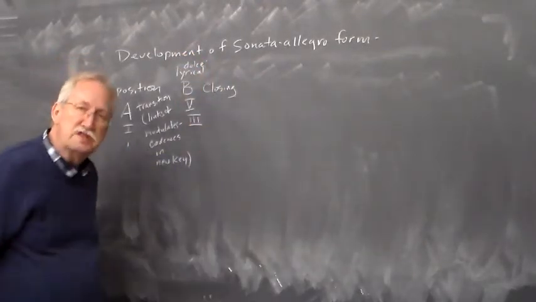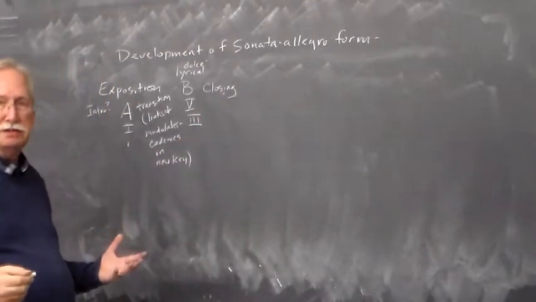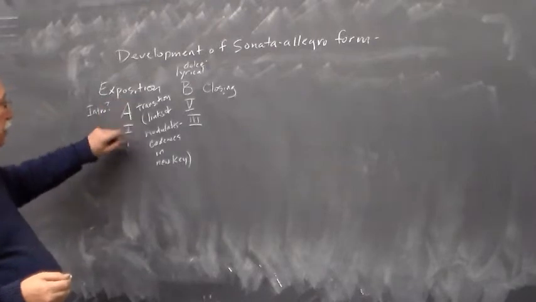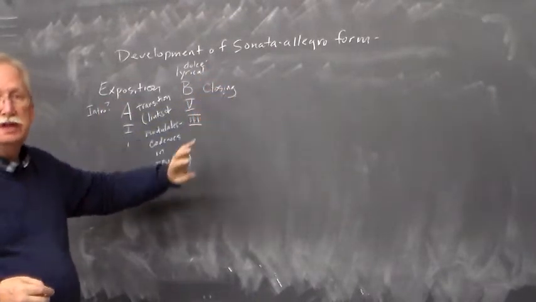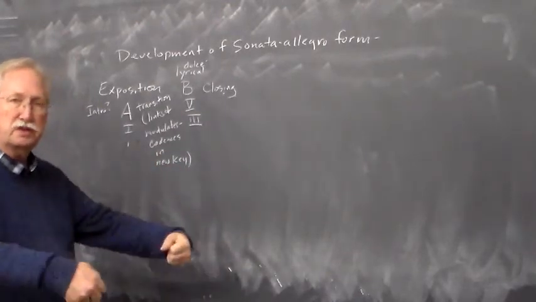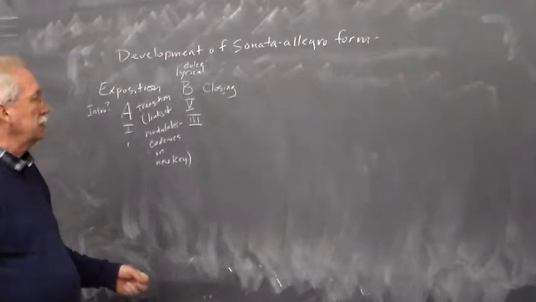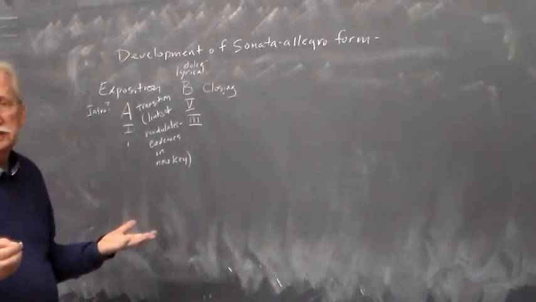And then you'll have some closing material. Very often it returns to the more animated, or even if this is more lyrical, the closing is very often louder and more brilliant. It brings the exposition to a real, brilliant conclusion. So if it doesn't do that, then that's something you can comment on, and you can find lots of examples where it doesn't.